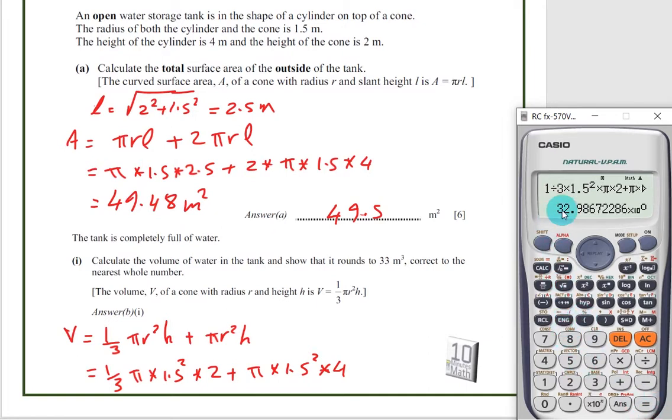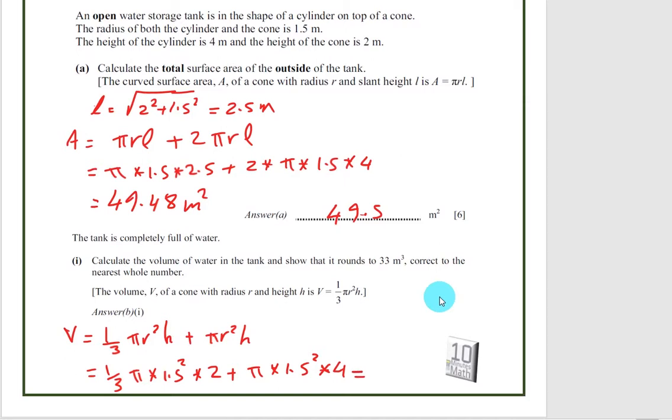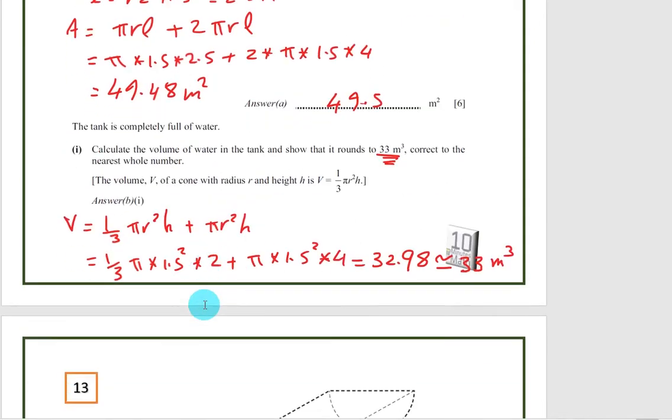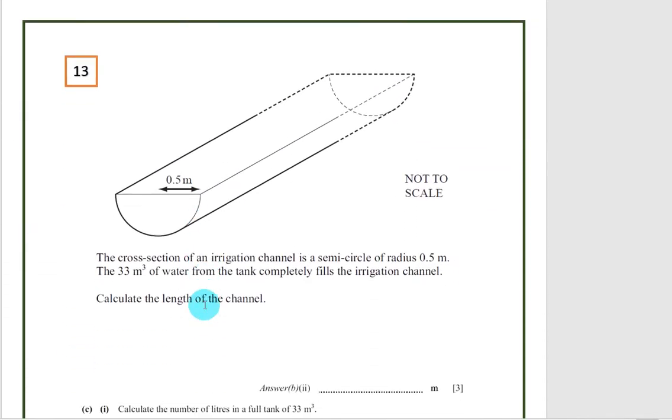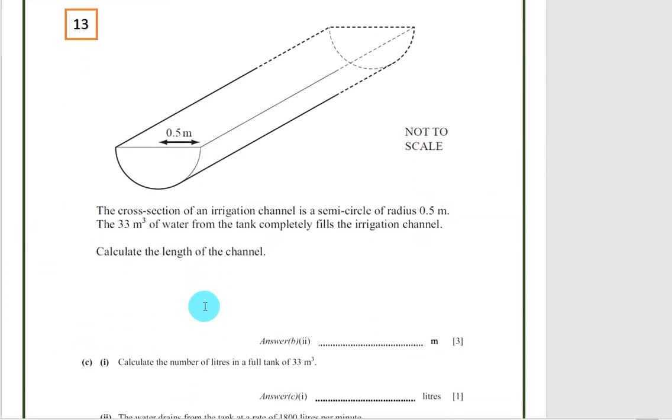So the volume is 32.98, which is almost 33 meter cube, which is the answer that you want. Thus, go to another question.